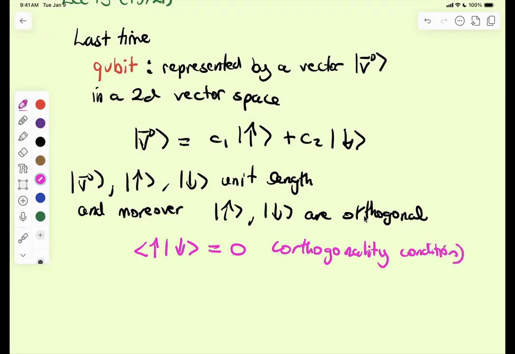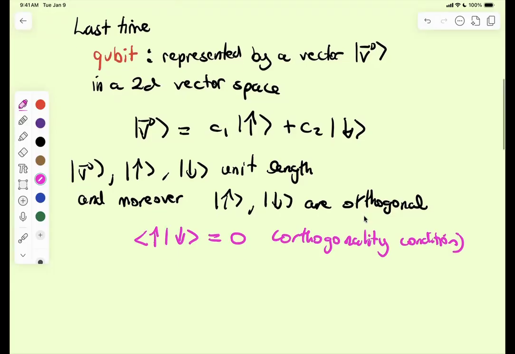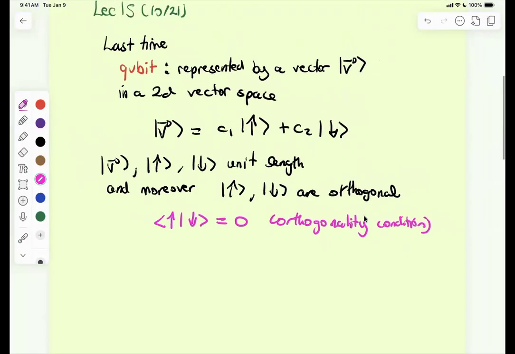Okay. And then at this point, if you apply Pythagoras' theorem, basically, because this one has length one, and you're writing it in terms of an orthonormal basis, then by Pythagoras, one would be C1 squared plus C2 squared.